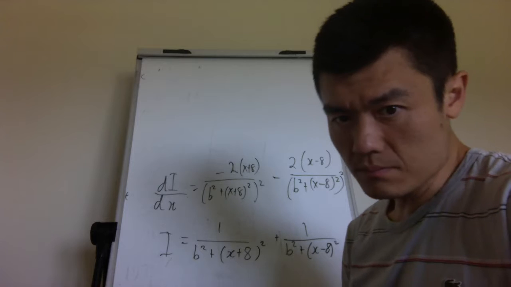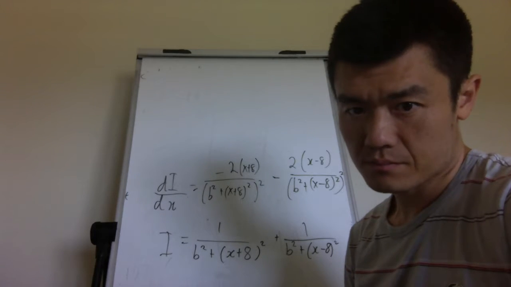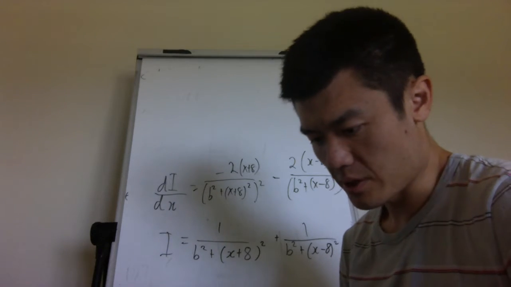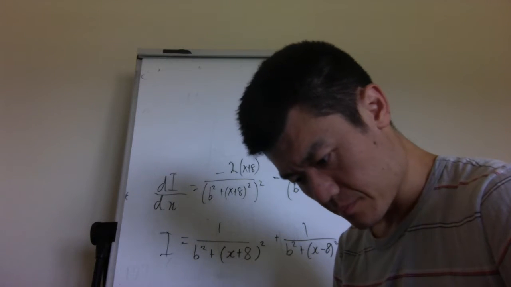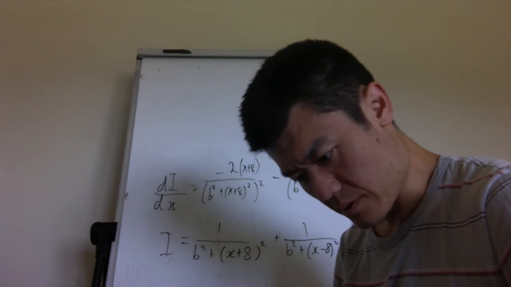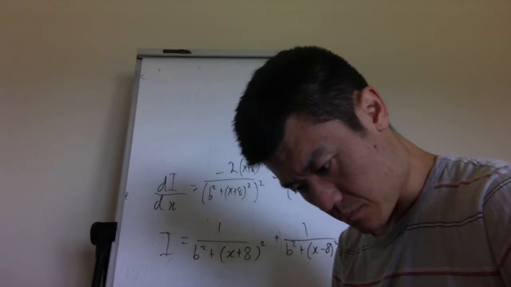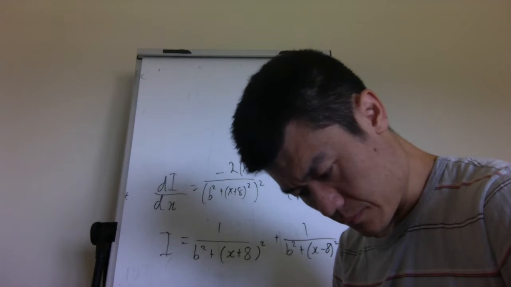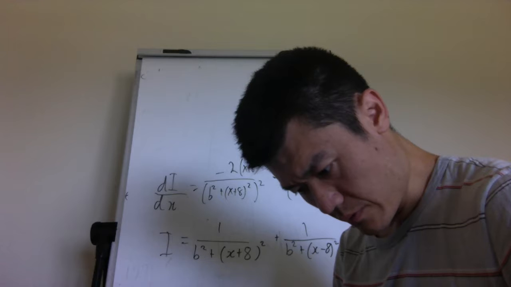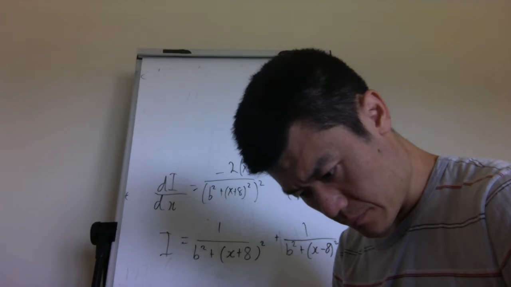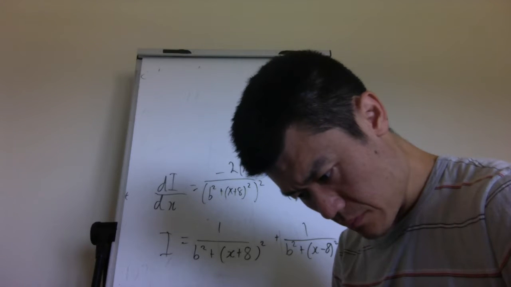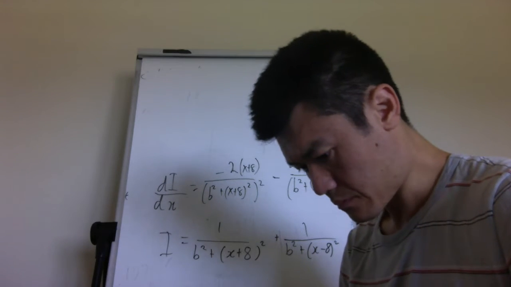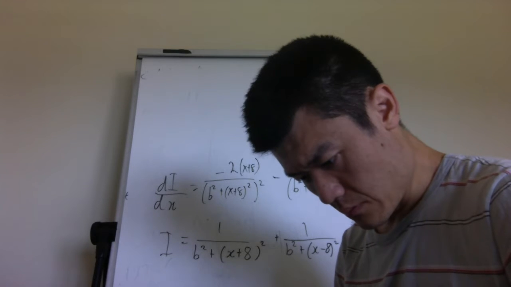Before you proceed too much further, you might want to check what the question wants you to show. You might already have it in the form you need. It says minus 2p over q, where p is that and q is that.